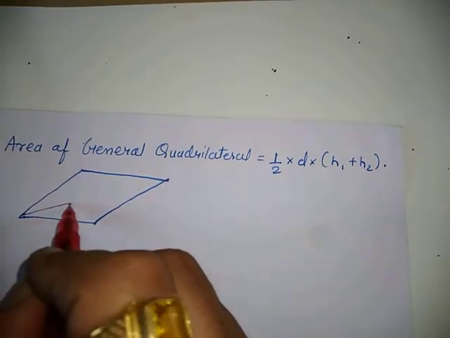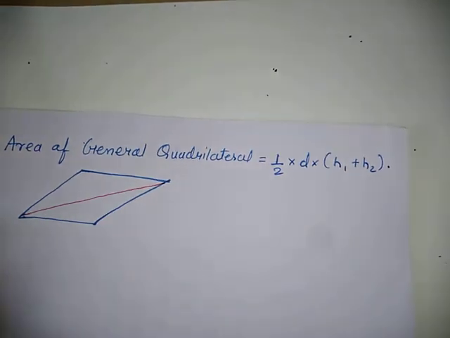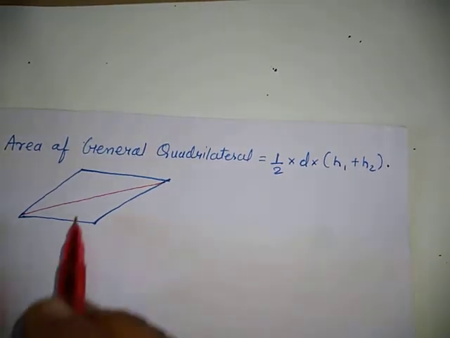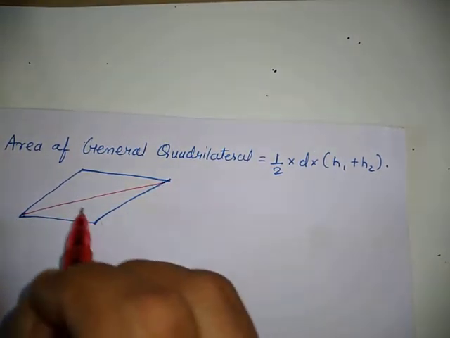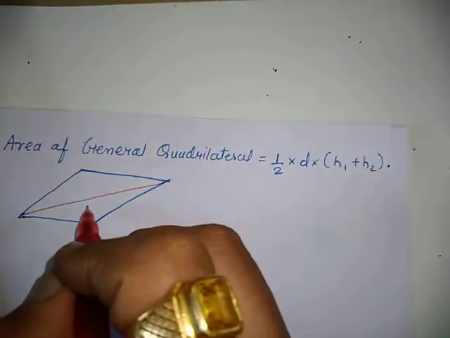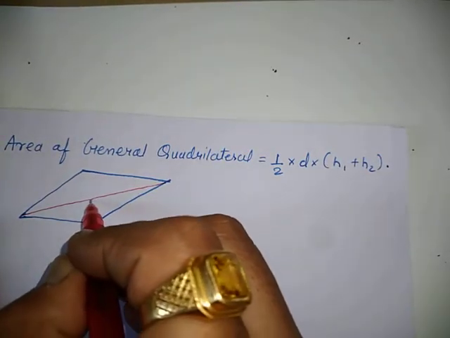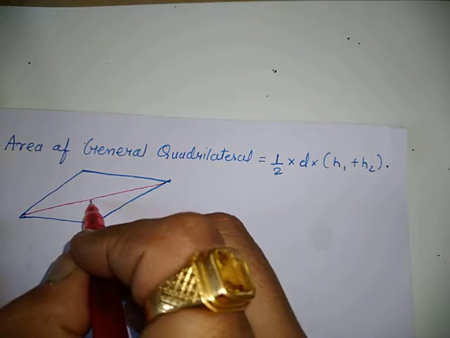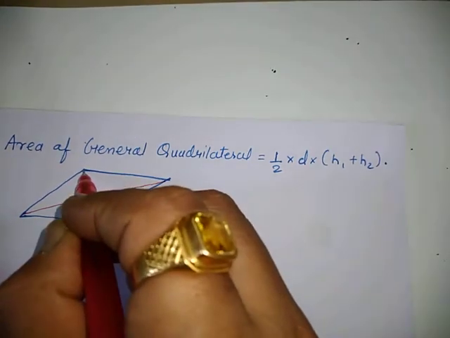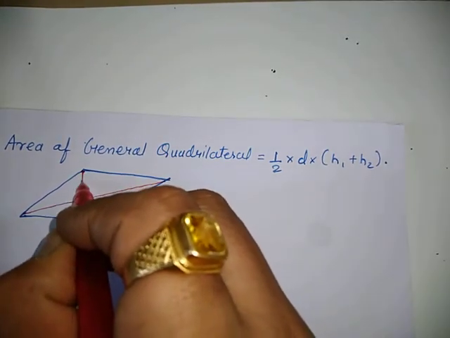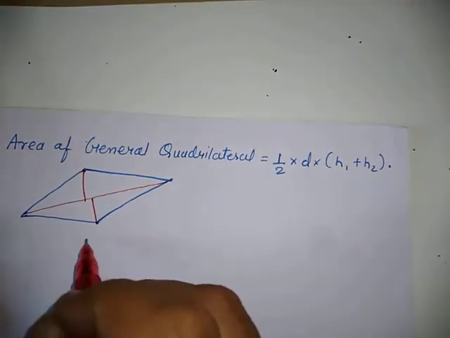So which will be the h1 and h2? Suppose I draw a diagonal, and this diagonal is d, and these are known as the heights. So this one and this one. The two different heights are given.